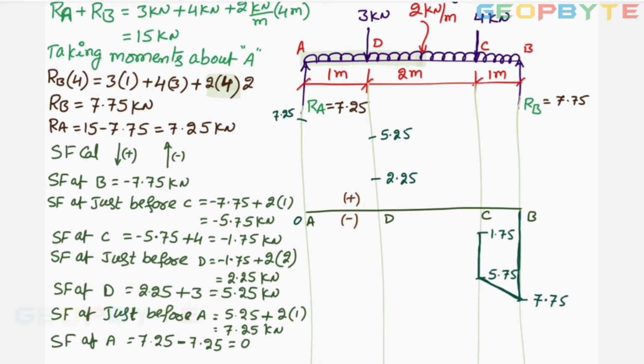For finding just before D, we took the effect of UDL only. This is the effect of point load. Effect of UDL. And effect of point load. So this is the shear force diagram.